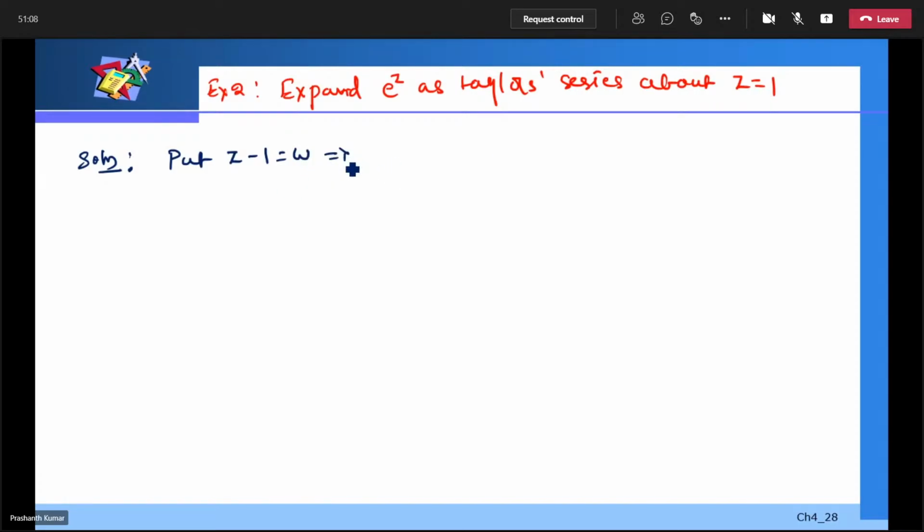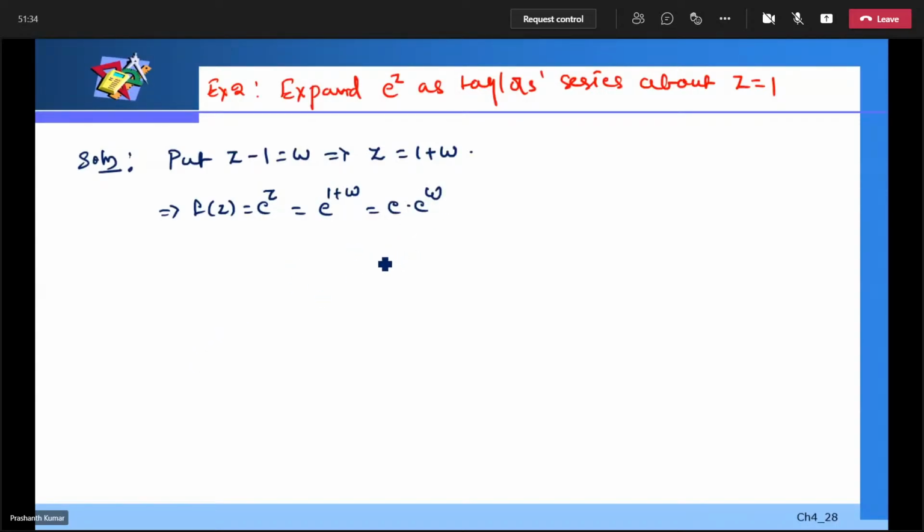So this implies z is equal to 1 plus w. So this implies the function is given f of z is e to the power of z. This is equal to e to the power of 1 plus w. This is equal to e into e to the power of w, I will write.